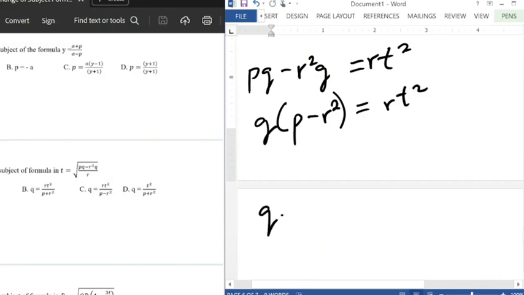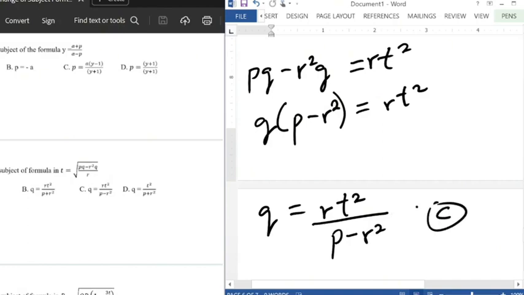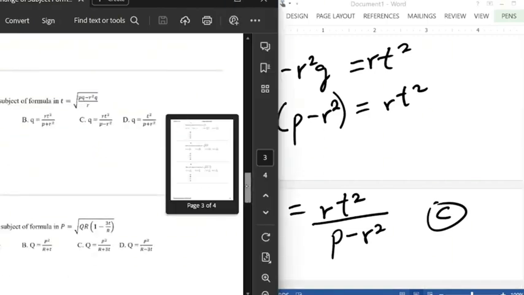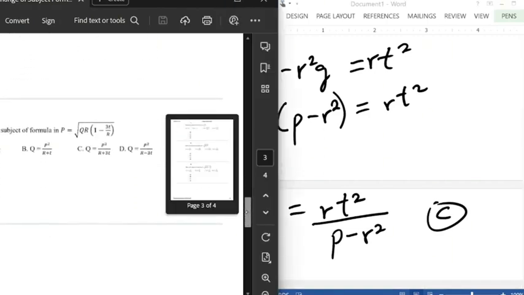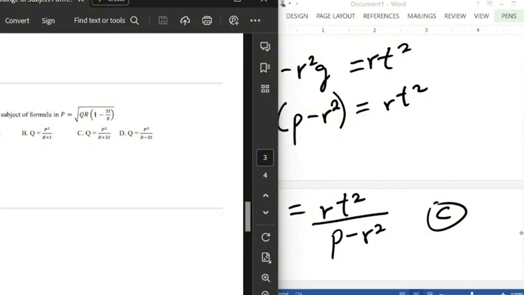That would be q will then be equal to r t squared divided by p minus r squared. So let's see what we have. We have r t squared over p minus r squared. That is option C as well. So the next one, question number 9. Here for question number 9, we want to make q the subject of formula.